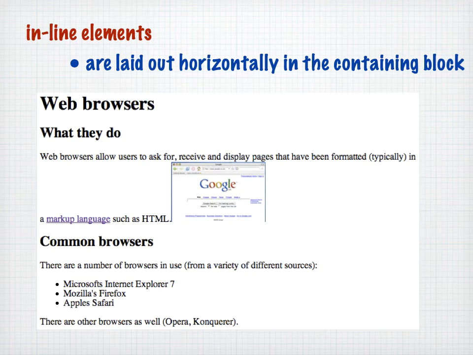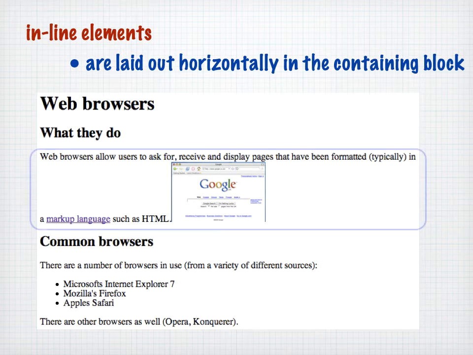Inline elements then are elements which are laid out horizontally in the containing block. So block level elements are laid vertically from top to bottom. Inline elements are laid out horizontally in the containing block. So, for example, this is a paragraph here, and we've got some items inside there. We've got an anchor and we've got an image.